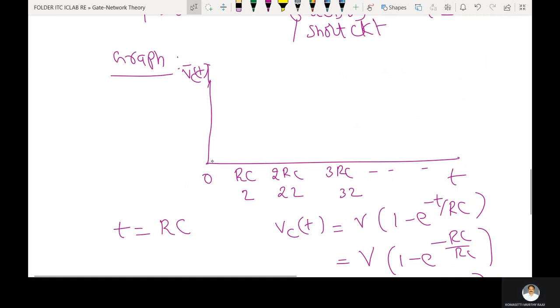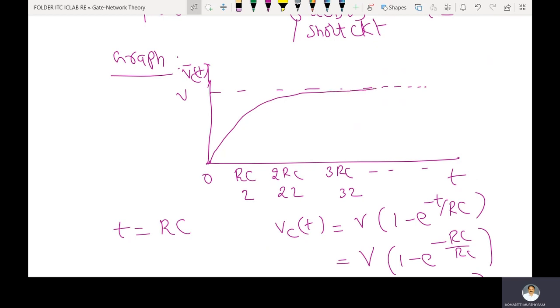Here, V is the steady state voltage. As the time constant increases, the instantaneous voltage across the capacitor, Vc of t, also increases like that.